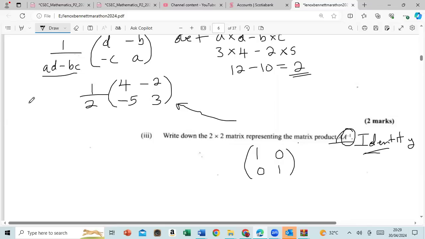This represents the inverse of A. So all we have to do now is multiply the inverse by the original that we were given. So it would be a half, which represents the inverse, a half times the matrix 4, negative 2, negative 5, 3.